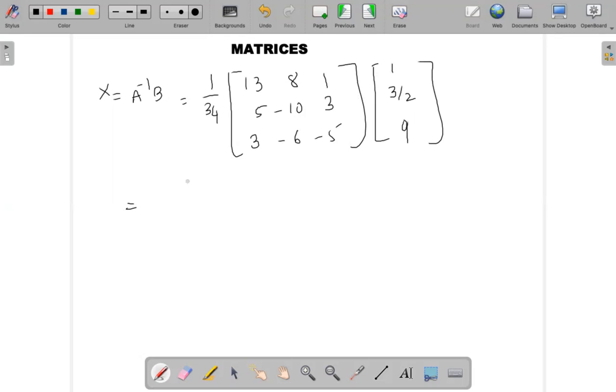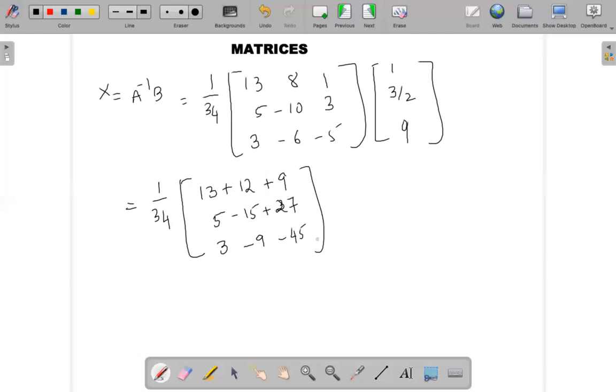After multiplying it, we get 1 by 34 times: 13 plus 12 plus 9; then 5 minus 15 plus 27; and the last one will be 3, minus 9 and minus 40.